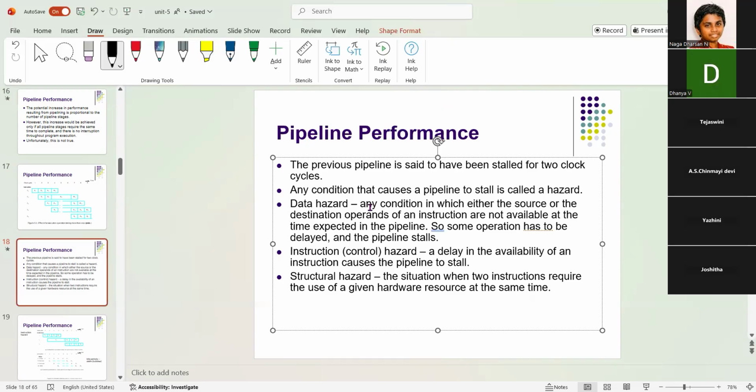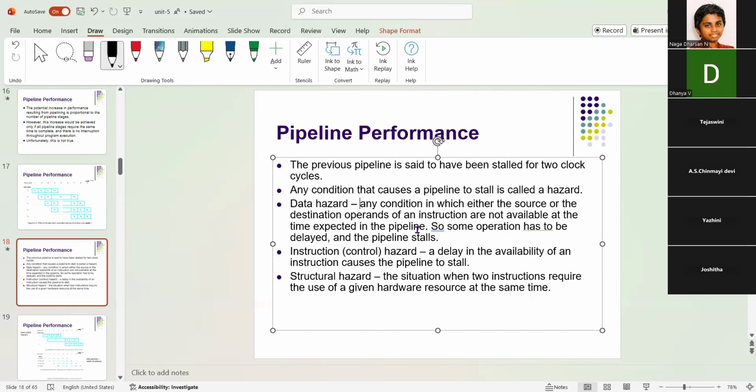Okay, so a data hazard is when the source or the destination operands of the instructions are not available at the time expected in the pipeline.